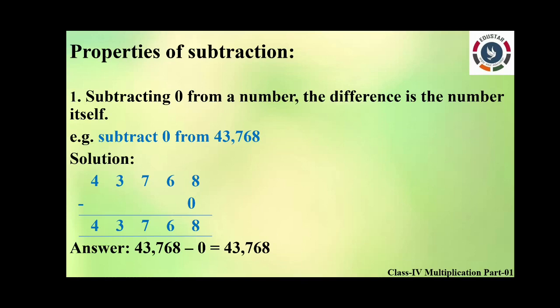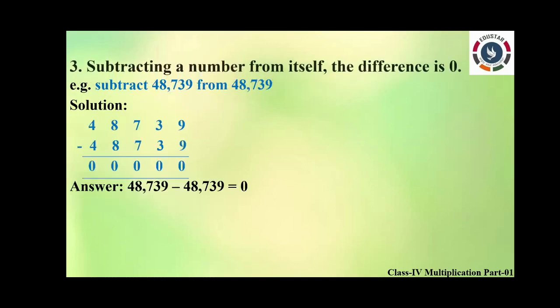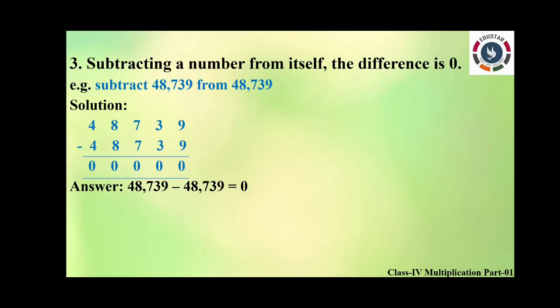First property, subtracting 0 from a number, the difference is the number itself. Second property, subtracting 1 from a number, the difference is the predecessor of the number. Third property, subtracting a number from itself, the difference is 0. Copy these and all in your math note.